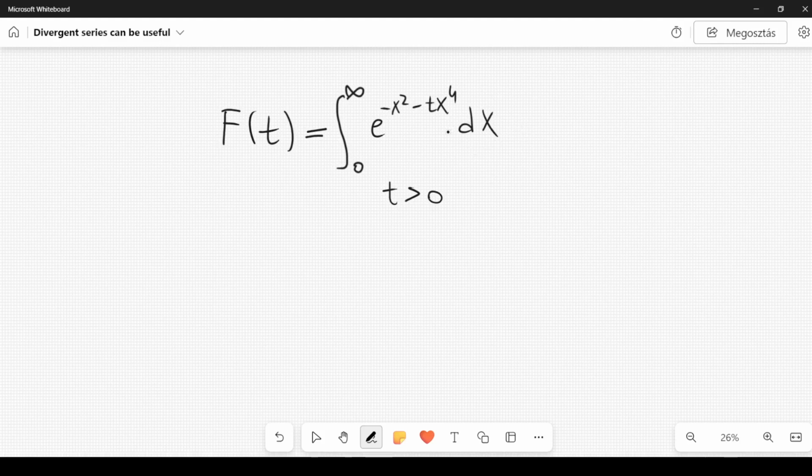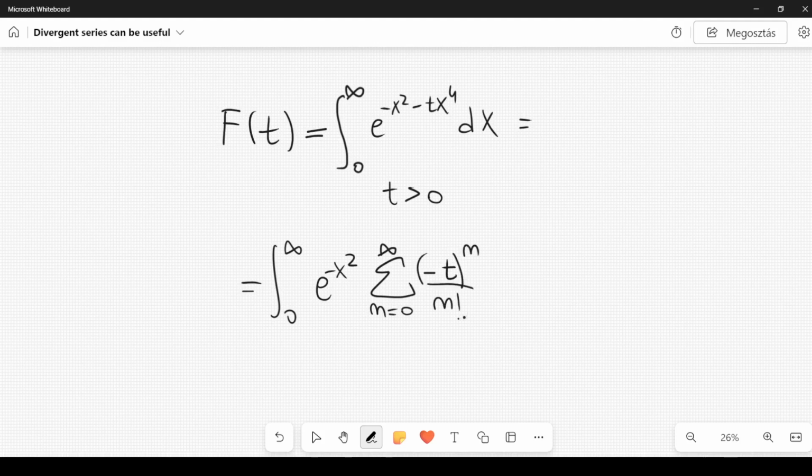Now, let's do what I said earlier. We want to expand this exponential with respect to t, so we can rewrite it like this: integral from 0 to infinity of e to the minus x squared, which you can factor out of the summation, times an expansion over n from 0 to infinity of minus t to the power n over n factorial, times x to the power 4n, dx.